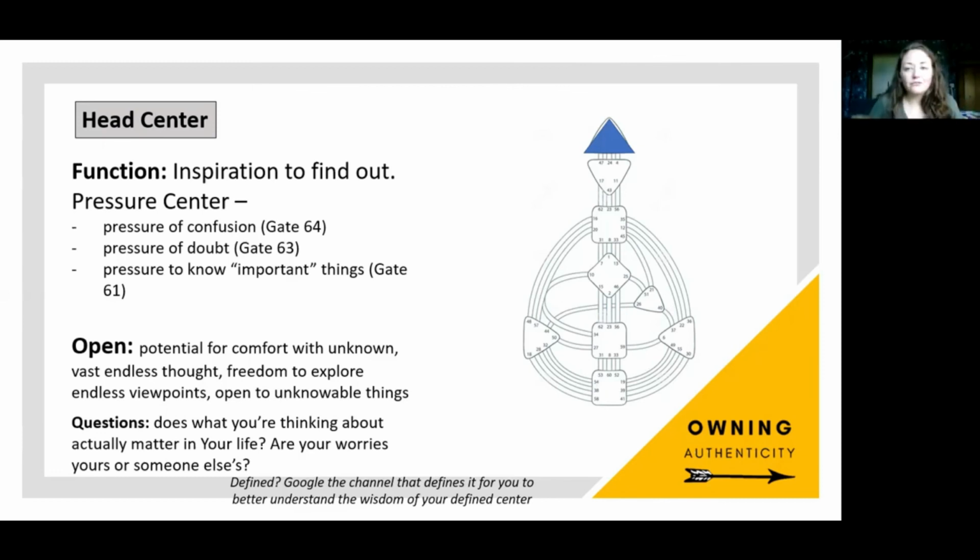If we have an open head center, that's that mental pressure, and we are likely to pick up the mental pressure that others are feeling. So that is a good question at the end of the day. If you feel like your head is full and you're so tense and can't relax, ask: are these my worries? Am I holding on to worries that don't even belong to me?